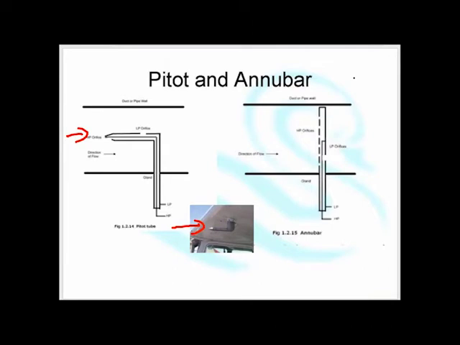We compare that airflow with another orifice on the pitot tube. On this pitot tube, the second orifice is just there. So we compare the airflow being pushed into the pipe with the airflow going past the pipe, and the more the pressure difference, the faster the flow.